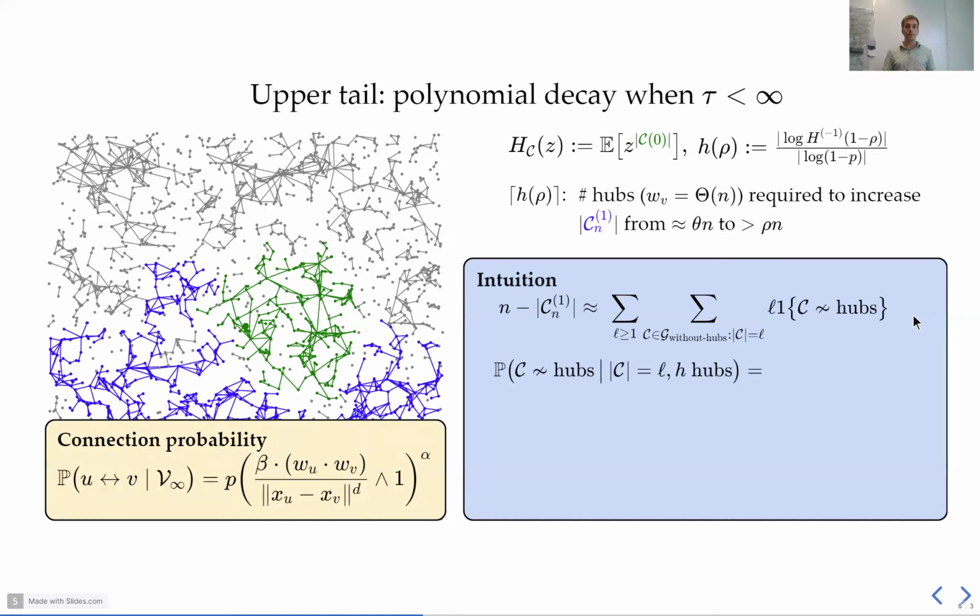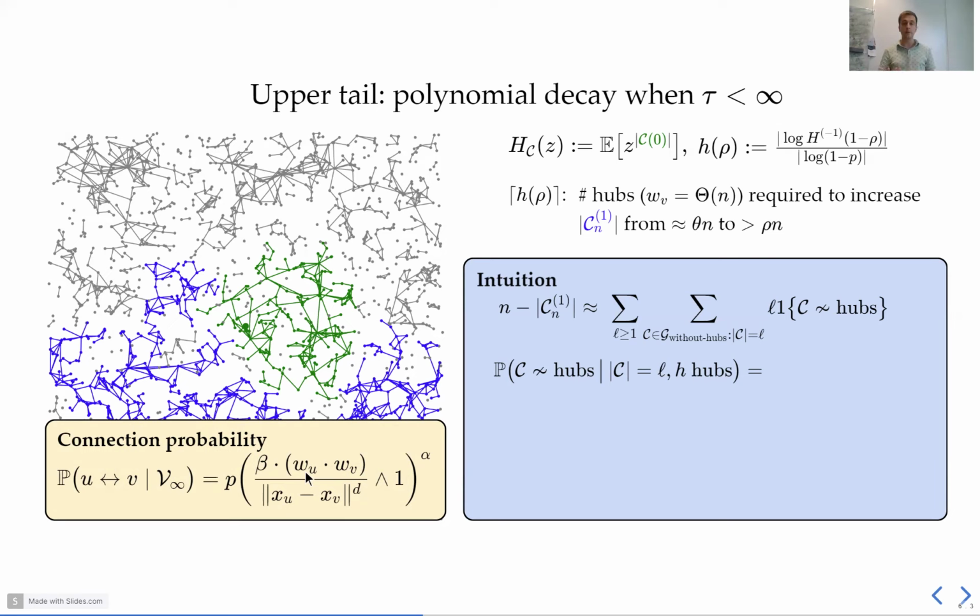So now we're adding the hubs to the graph. What is the probability that a component of size L does not connect to one of our H hubs? Well, if we look at the connection probability here on the left, each edge between a vertex in the component and any of the H hubs is absent with probability 1 minus p.